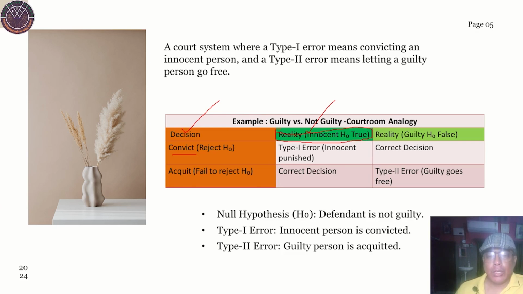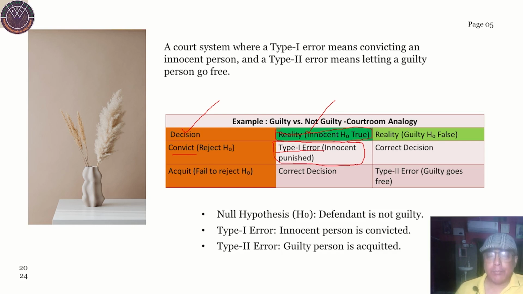So if you reject that null hypothesis that he is not guilty, or he is innocent, and it is the real situation also, then you are committing a type 1 error. So the innocent get punished. This happens.